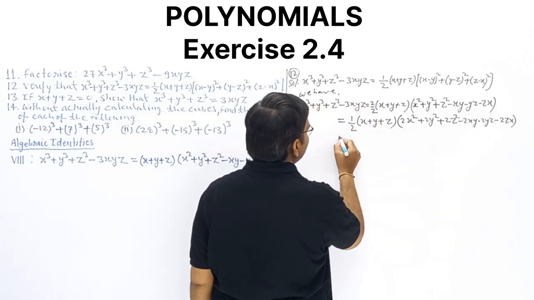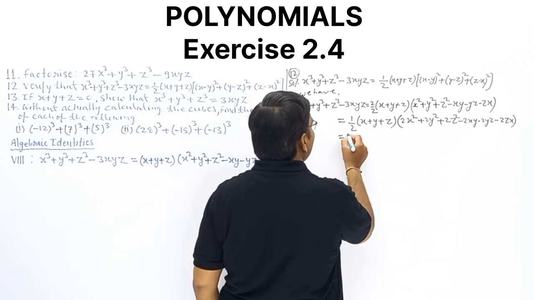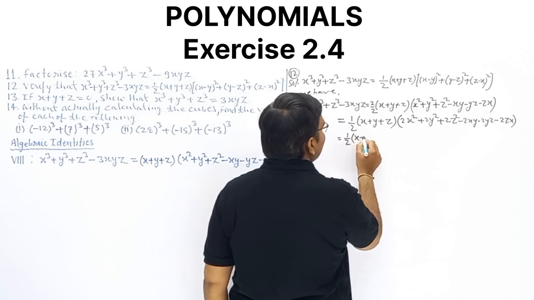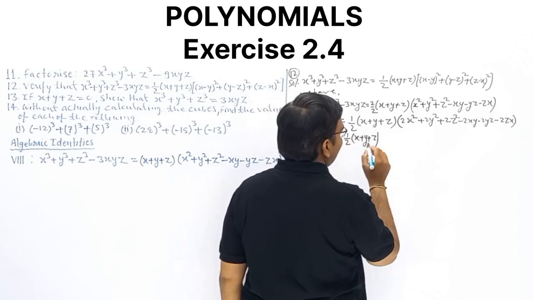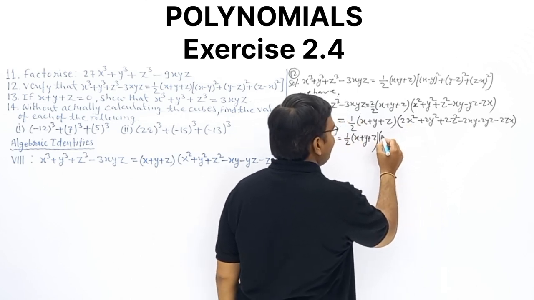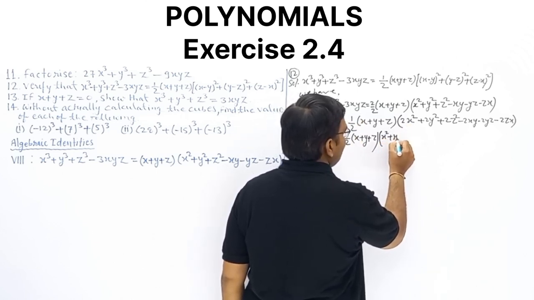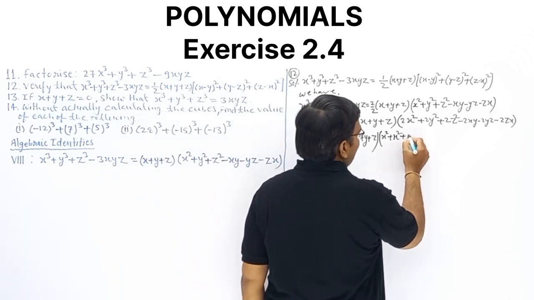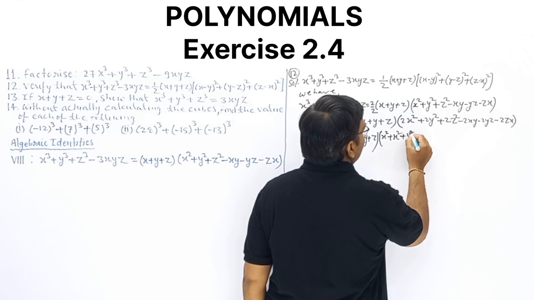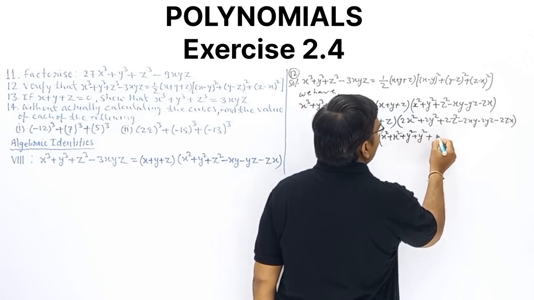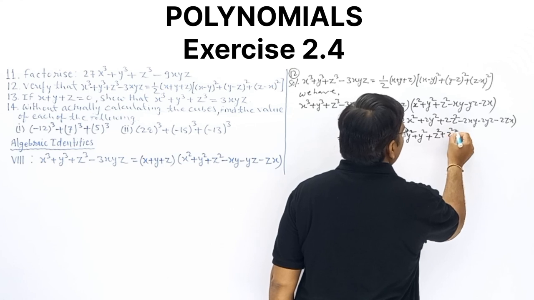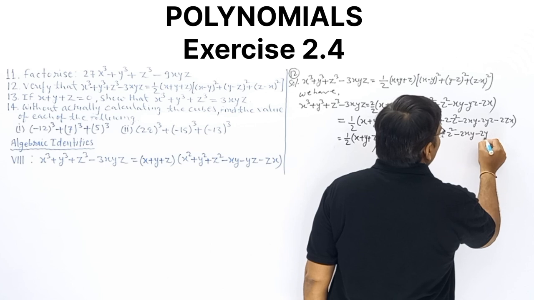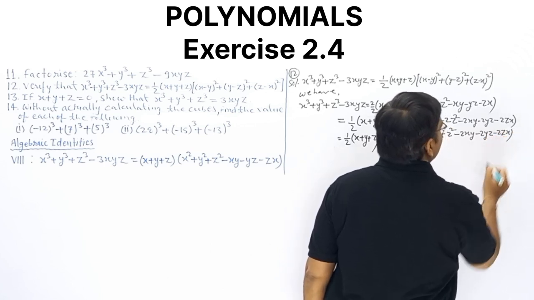Clear? Now in the next step we can write 1 by 2 into x plus y plus z, and 2x square can be written as x square plus x square, 2y square as y square plus y square, and 2z square as z square plus z square, minus 2 times xy, minus 2 times yz, minus 2 times zx.